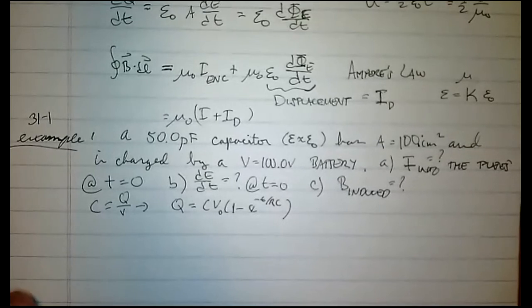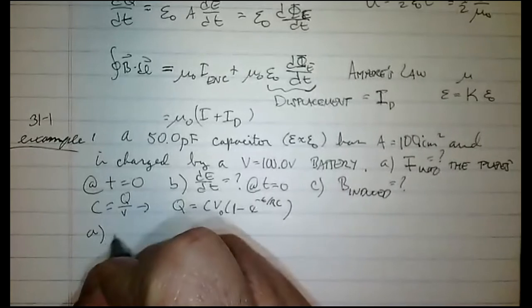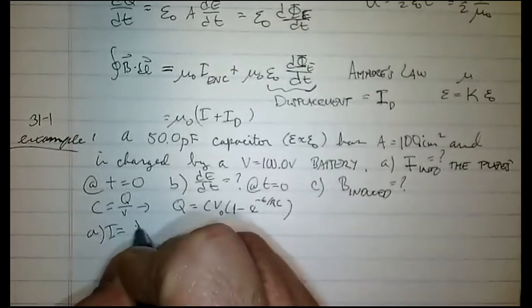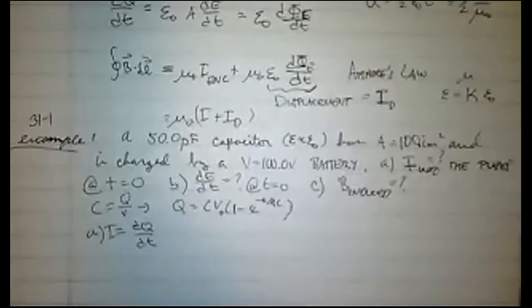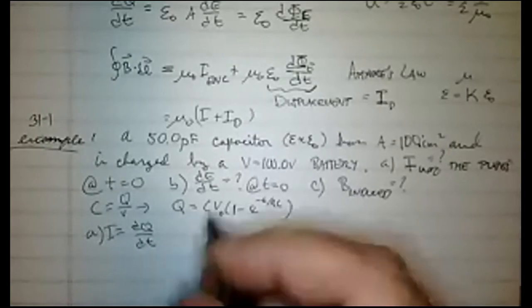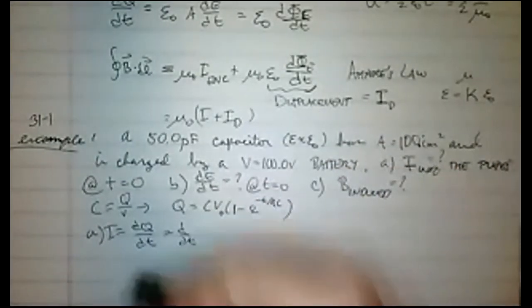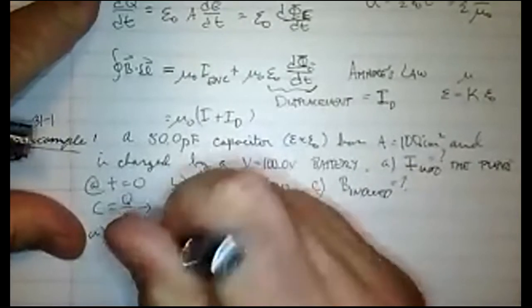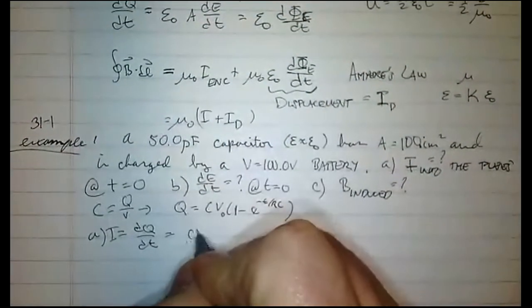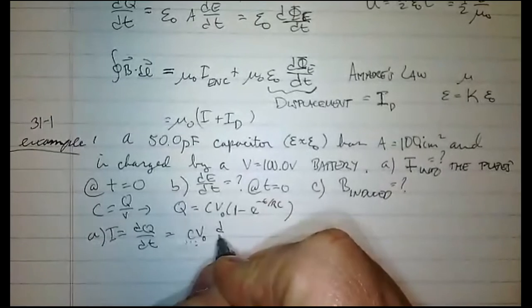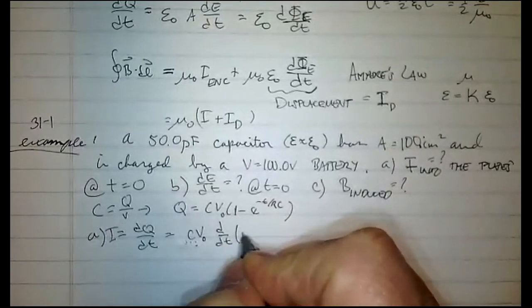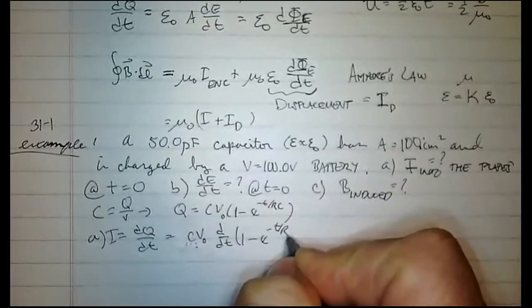So what we want to figure out is the current into the plates. So let's look at I. Well, I is equal to dq/dt. Let's pull the constants out in front so it looks less confusing: C times V0 times d/dt of 1 minus e to the negative t over RC.